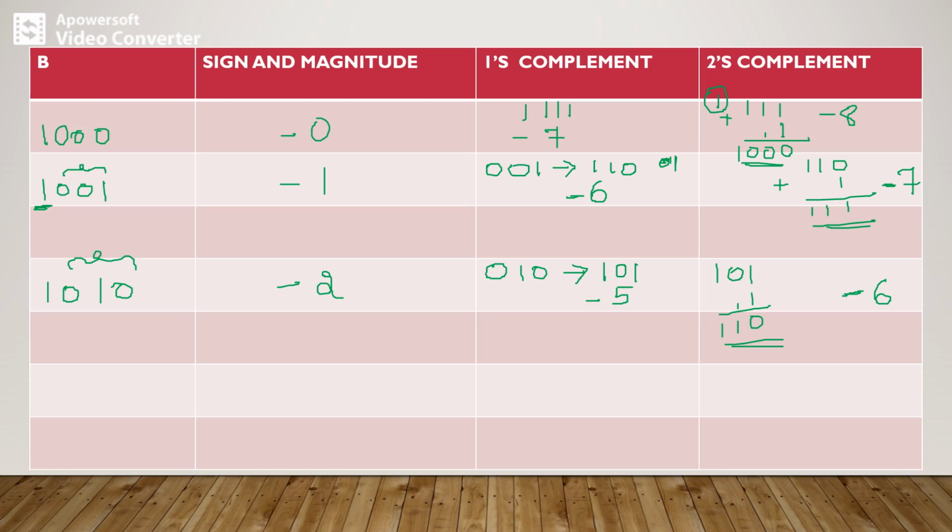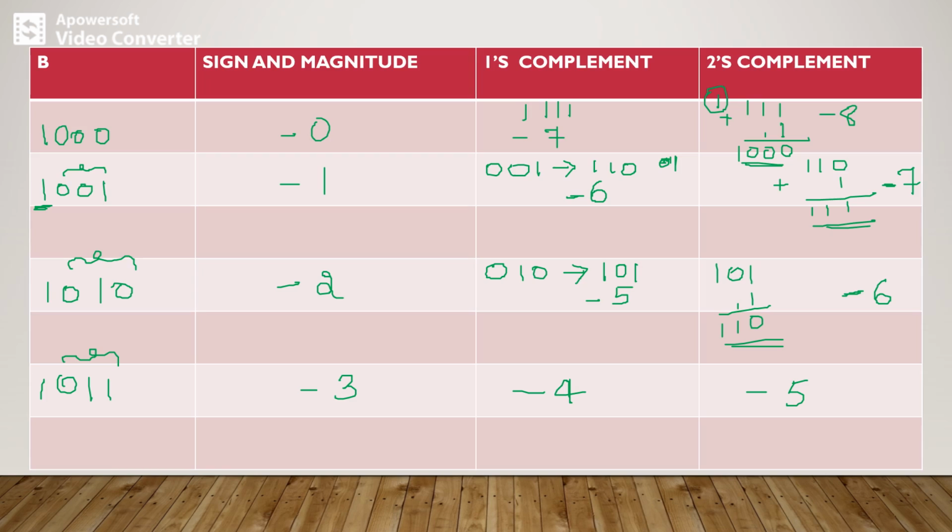Similarly, we can take the next number as 1, 0, 1, 1. What is the magnitude? The magnitude is 3, sign is minus. So in 1's complement you will get the value as minus 4, and in 2's complement you will get the value as minus 5.